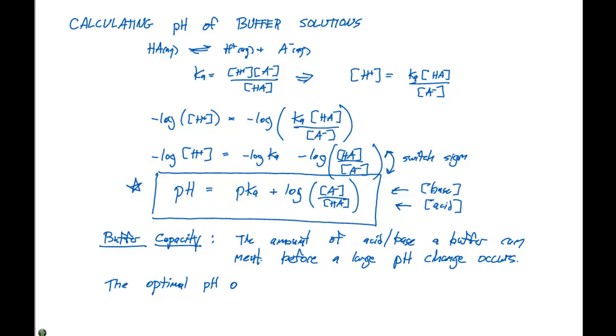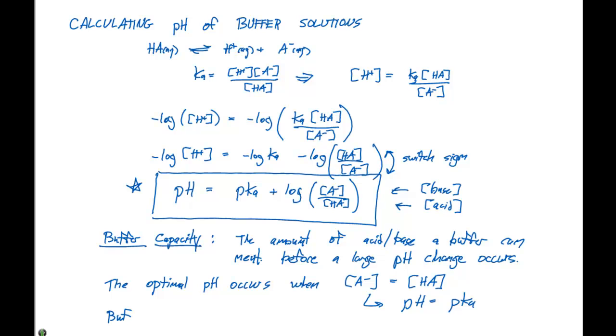And the optimal pH occurs when the concentration of A minus is going to equal the concentration of HA. In this particular case, the pH is going to equal the pKa. Because if we look back at this Henderson-Hasselbalch equation, when A minus equals HA, we're going to have the log of 1, which will tell us that the pH is equal to the pKa.